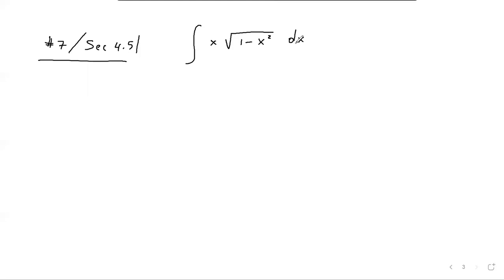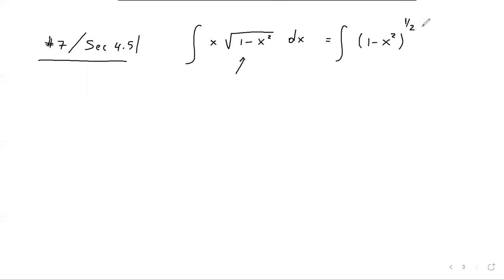All right, folks. So what we have here is, again, do we recognize the power of a function times something else? Yes. Here it is. So it's kind of hidden here in the problem. So let's rewrite this as the integral of 1 minus x squared to the 1/2.